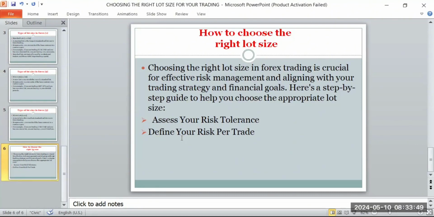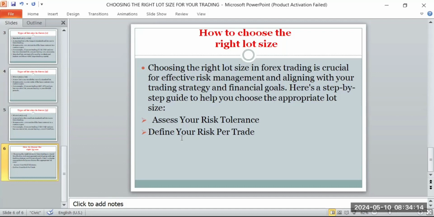You also need to consider factors such as your trading experience, because if you're not that experienced in trading, then you need to lower your risk until you become more experienced. So you need to consider factors such as your trading experience, your financial situation, and your emotional capacity to handle market fluctuation.